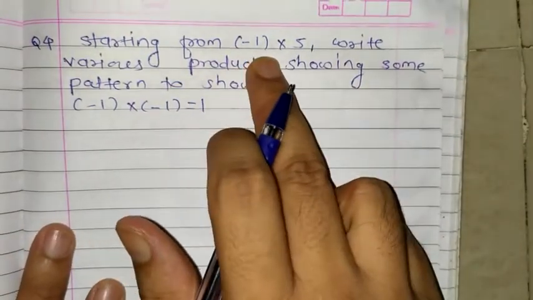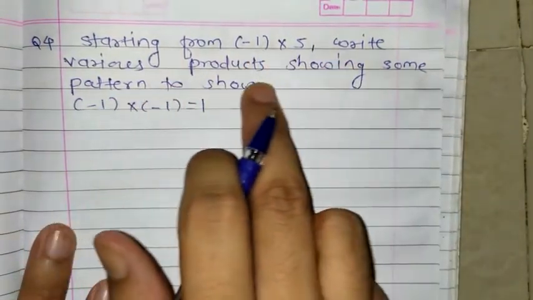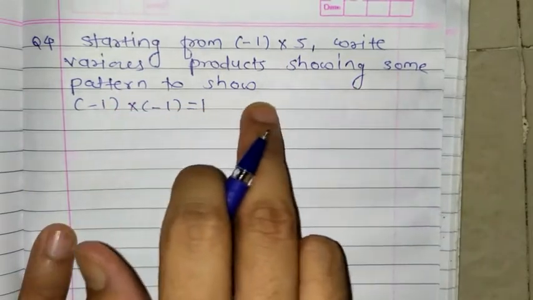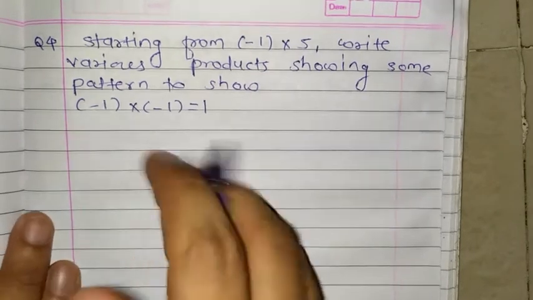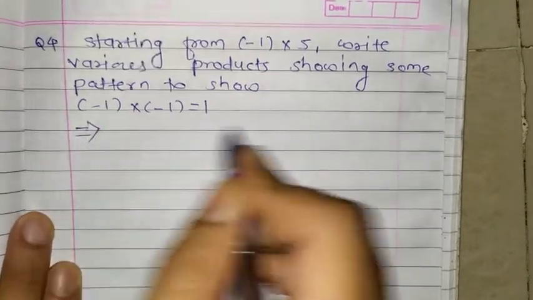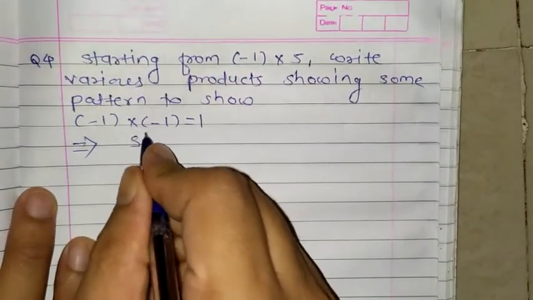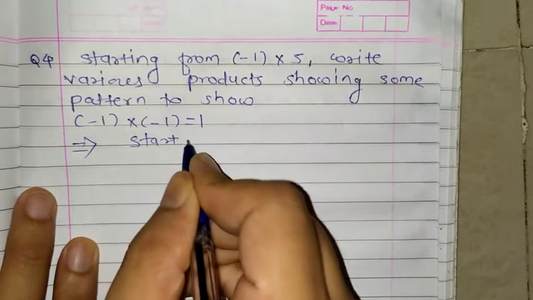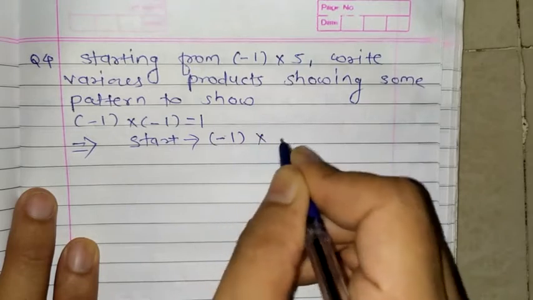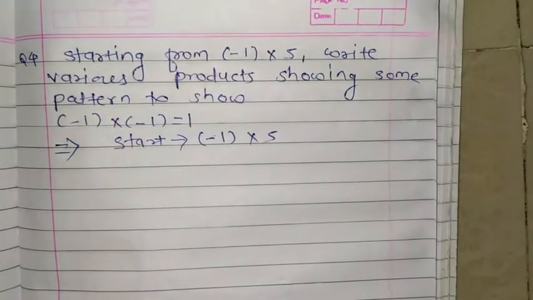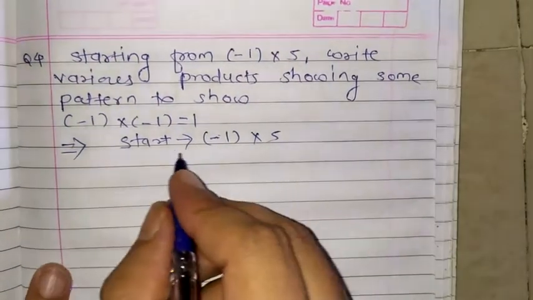Starting from minus 1 into 5, write various products showing some pattern to show minus 1 into minus 1 is nothing but 1. They have given in the question a starting point: minus 1 into 5 is your starting point.